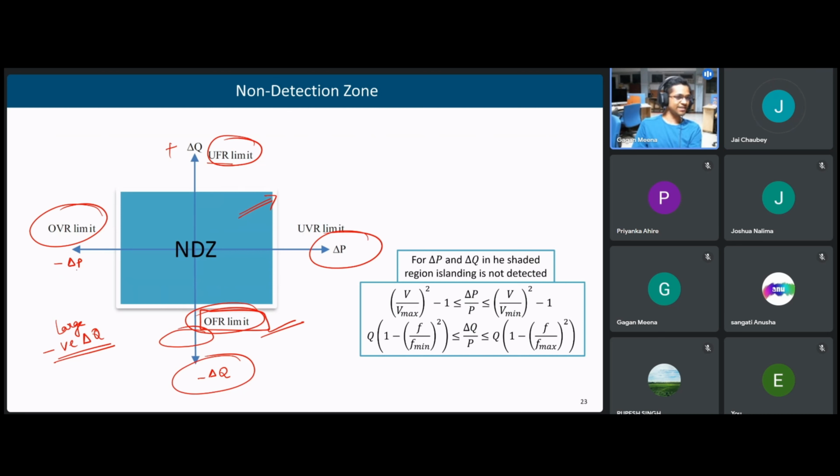Similarly for delta P, in the last question we saw there was a positive active power mismatch, so the voltage was reducing. If it goes below a limit, then the under voltage relay will trip. Correct?